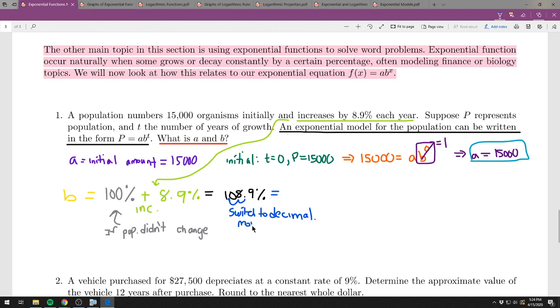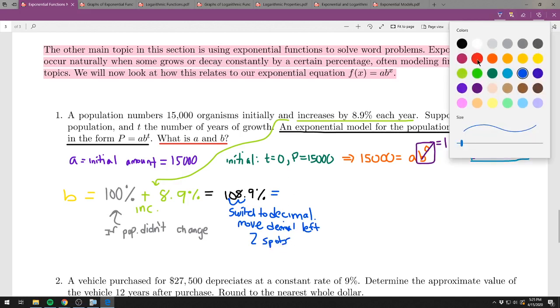And so just a reminder, I know this might be something that you haven't done in a very long time, but to go from a percentage to a decimal, we move the decimal to the left 2 spots. And we get 1.089 for a B.